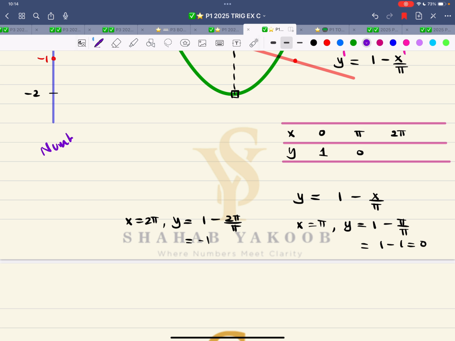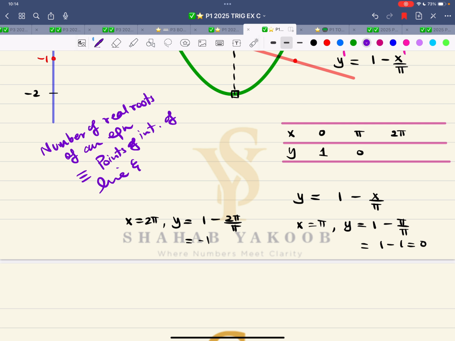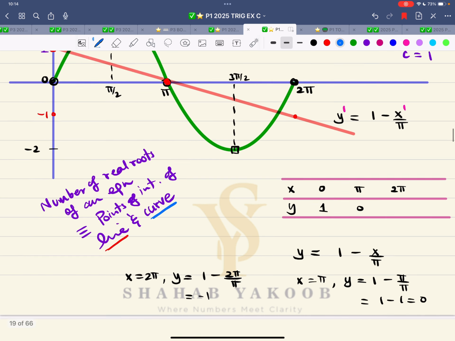Number of real roots of an equation means the same thing as, it is identical to what? Points of intersection of line and curve. Since there is a line and a curve over here, that is why I have written from the perspective of line and curve. If there were 2 curves, that would be intersection of 2 curves.